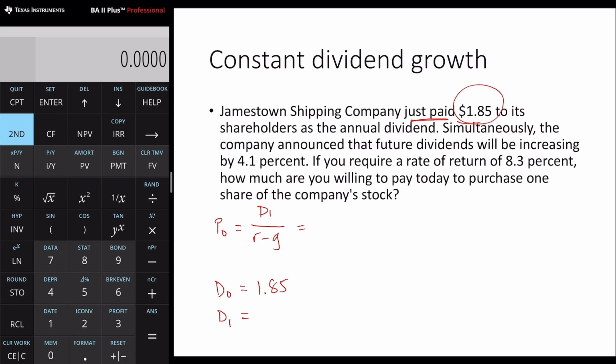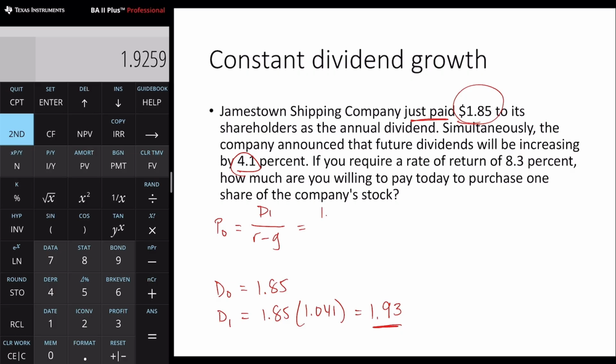All we have to do is take this D0 and grow it by 1 year at the dividend growth rate, which is 4.1%. And that gives us $1.93 approximately. Okay, so that is our D1, and that's what we're going to put into the formula.